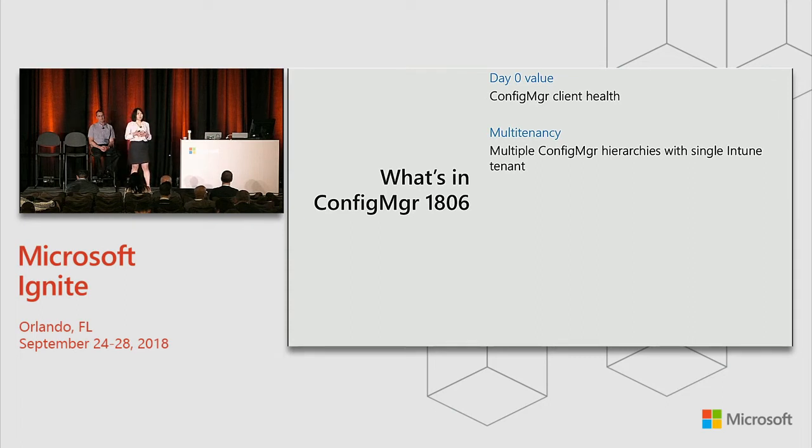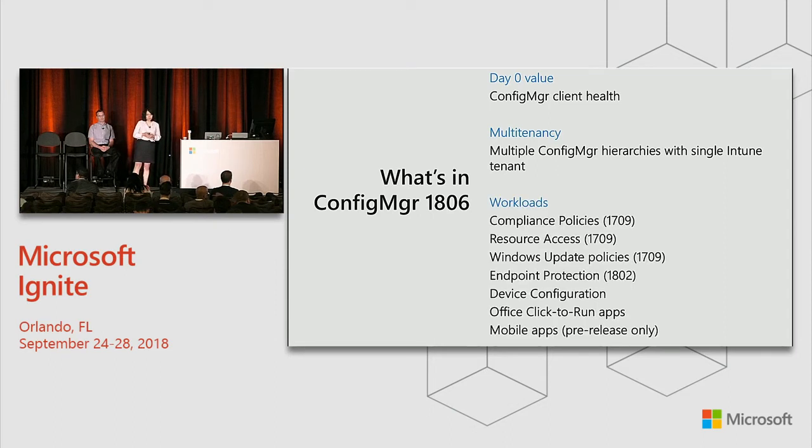And there's the multi-tenancy support that we heard from a lot of you. You have dev, test, and production environments on the SCCM side, but you really want to use only one Intune tenant because that's really what your cloud identity system is. So with this, multiple hierarchies can attach to the same Intune tenant, and you get unified reporting from the Intune side.